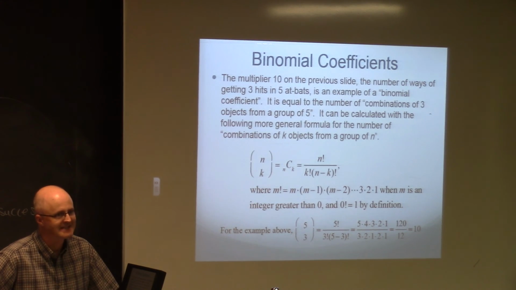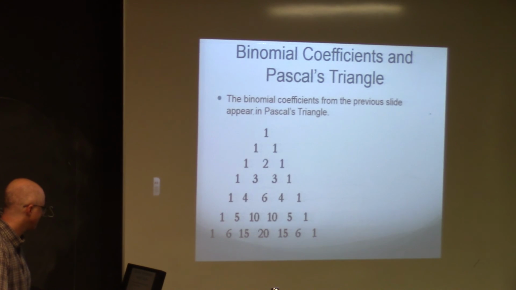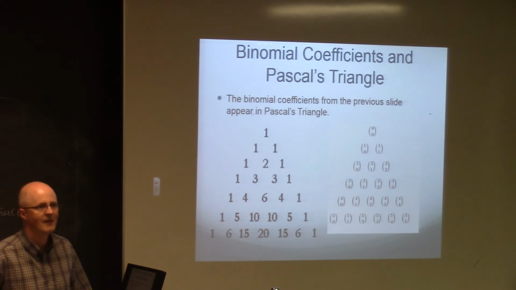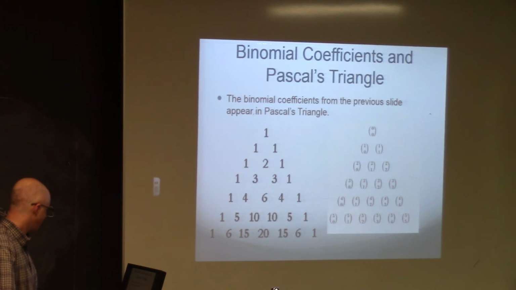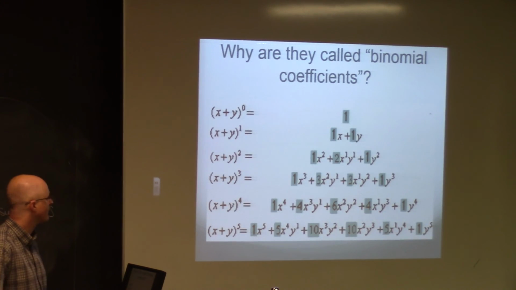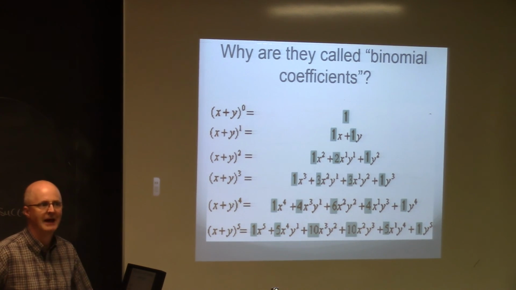That's something that's necessary for helping you compute these binomial probabilities. We'll go into more details next time. It's also related to something called Pascal's triangle. I hope that rings a bell as well. And we'll be able to relate these to why they're called binomial coefficients related to expanding binomials, okay?